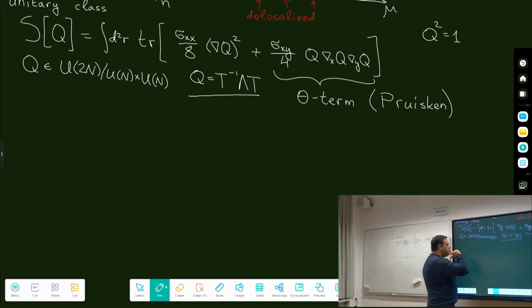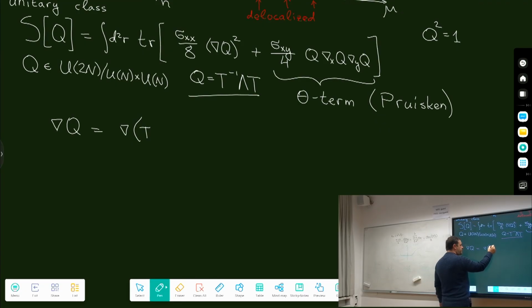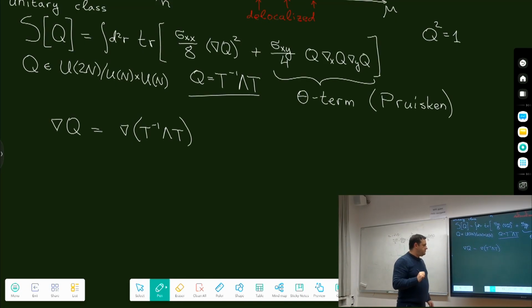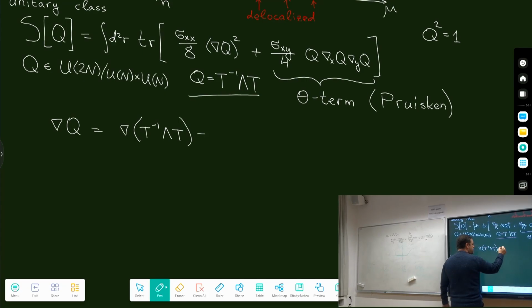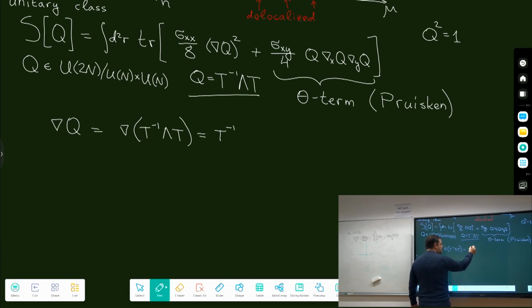So what is the gradient of Q? Just any, maybe x, maybe y, in any direction. Gradient of Q is the gradient of T inverse lambda T, right? And this is a derivative. It can act either on T or on T inverse. So this is T inverse lambda gradient T. This is when I act on the last one.